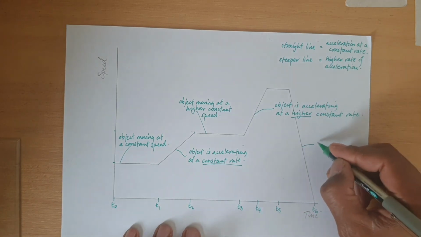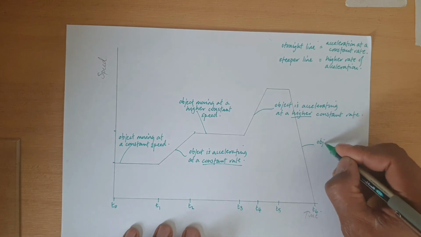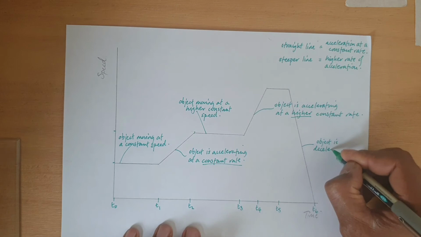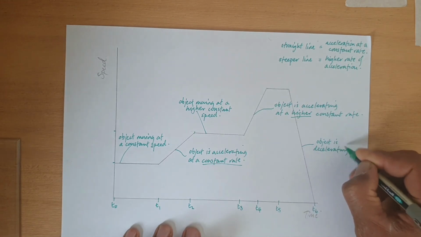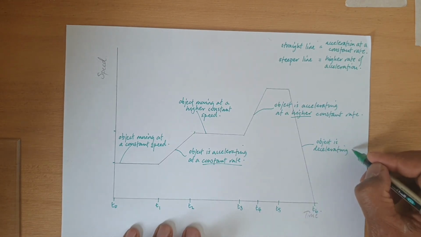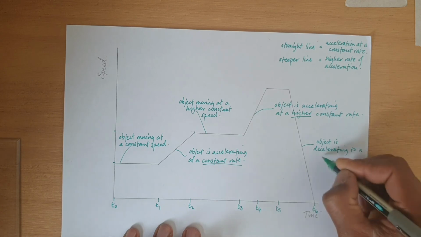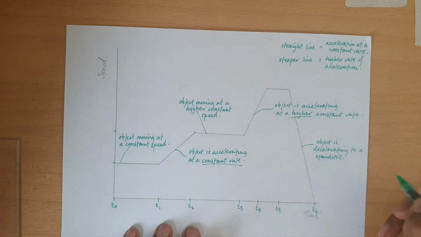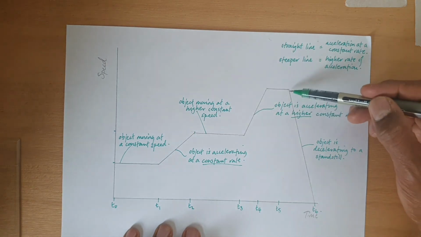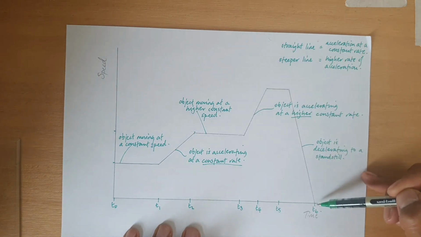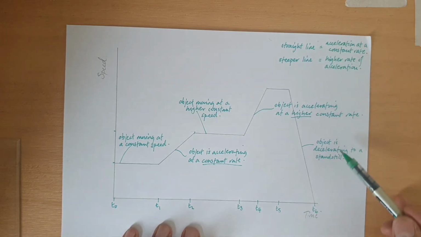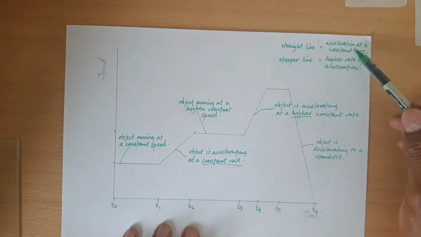This is an object decelerating. So object is decelerating to a standstill. It's decelerating because the speed's going down, but it is also a straight line. So that means that the deceleration is at a constant rate.